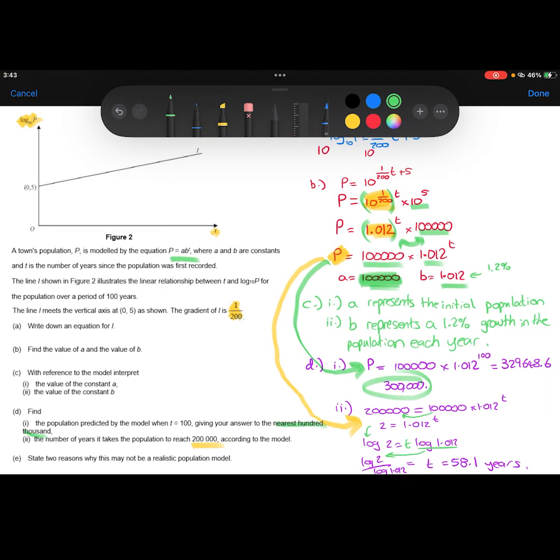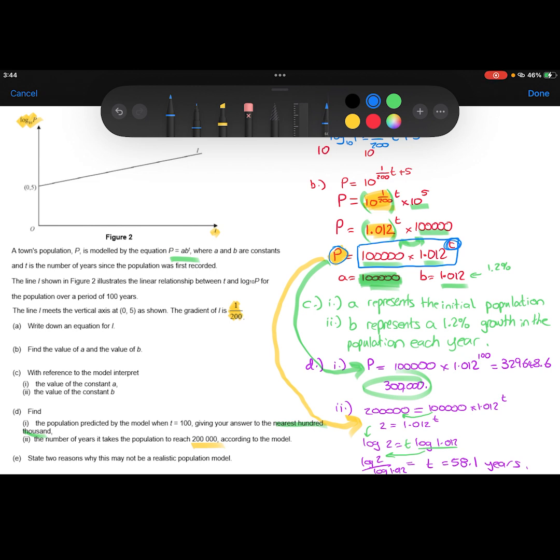And then part E, I've not written this down because there's not one specific answer for this. There's a few different answers you can give. We need to state 2 reasons why this might not be a realistic population model. The first reason I'm going to give is, according to this equation, the bigger t gets, the bigger the population gets.